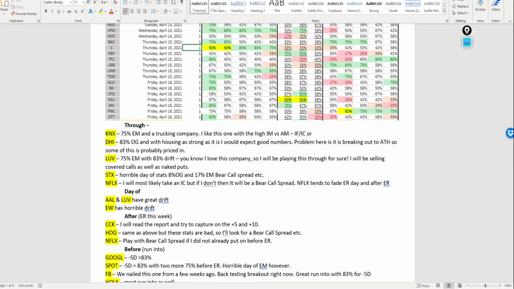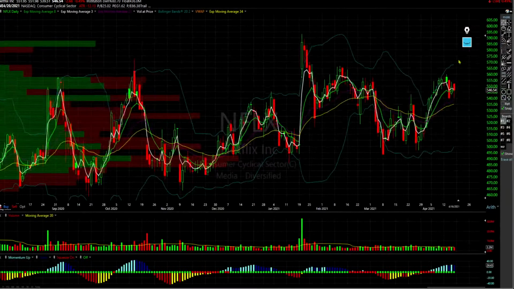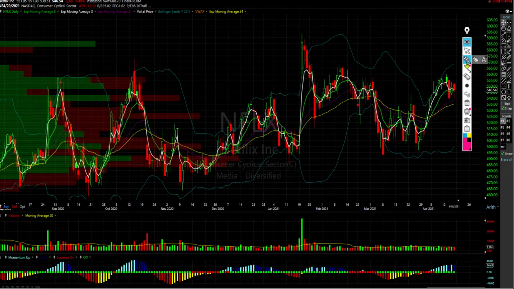When you say take a vertical call spread, do you mean sell the vertical call spread? Yes. So on Netflix, for example, let's just pretend Netflix is coming into this level, right? Then there's two ways to play it.